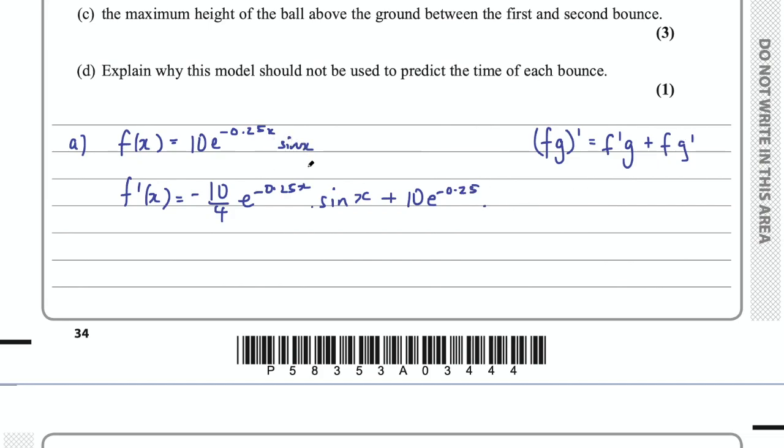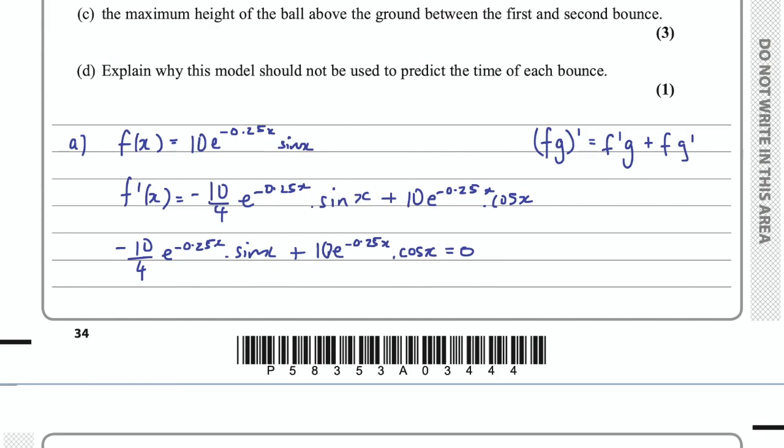The derivative of sine x is cosine x. Okay, so we have that derivative, and then let's go ahead and set this equal to 0. So we have negative 10 on 4 e to the negative 0.25x multiplied by sine x plus all of this, oops, I forgot the x there, multiplied by cosine x equals 0.